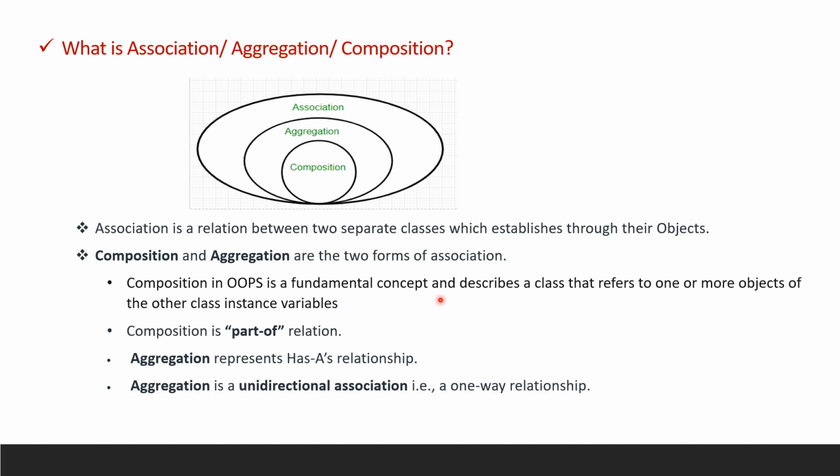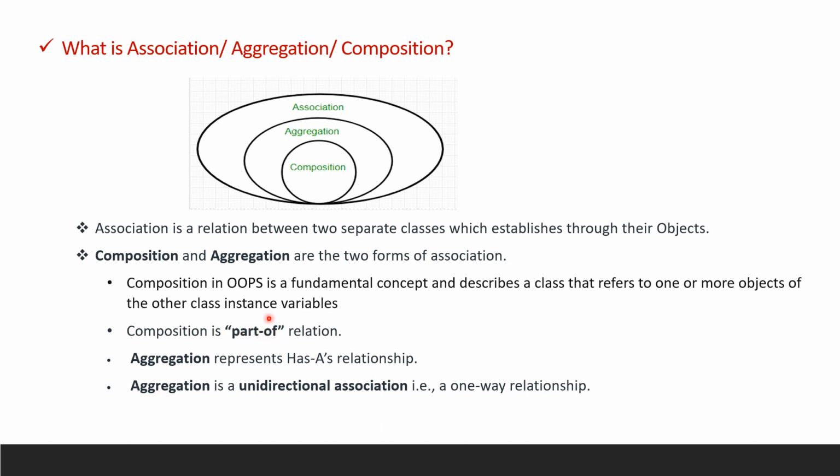This concept describes a class that is referring to the other class's instance variables, and it is only a part-of relation. It can refer to only one, two, or any number of the other class's instance variables.